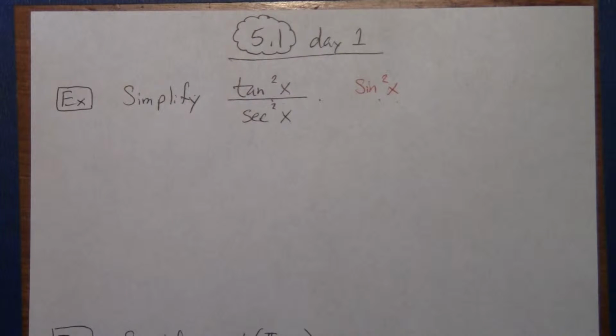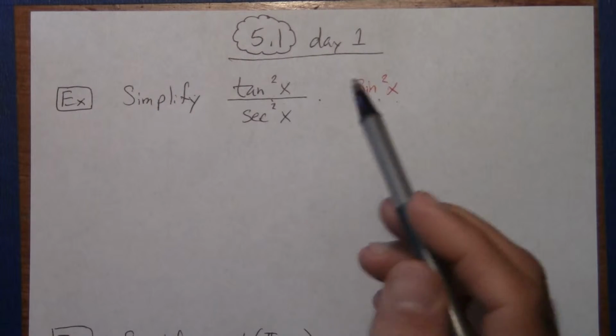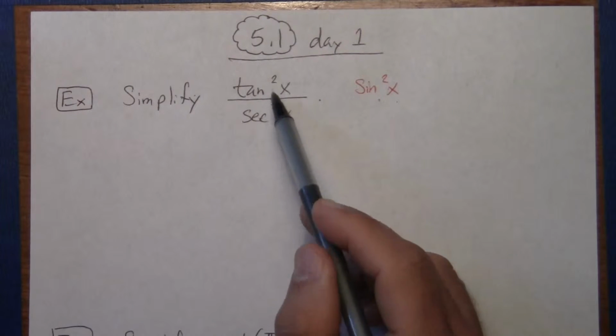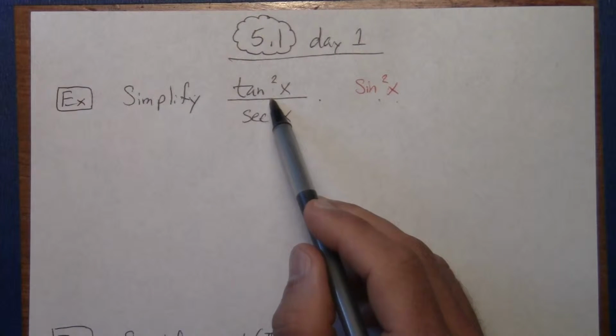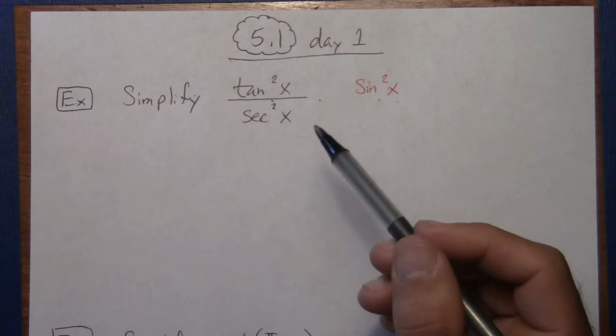And I could switch the tangent squared into something that has secant squared in it. I could switch the secant squared into something that has tangent squared in it. Or what I might notice, and again, this comes with practice and being able to recognize certain things, I could change these into sines and cosines. It's one of the strategies I have, and get some stuff to cancel that way.